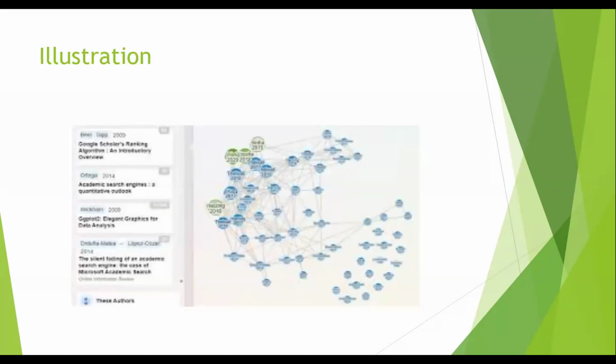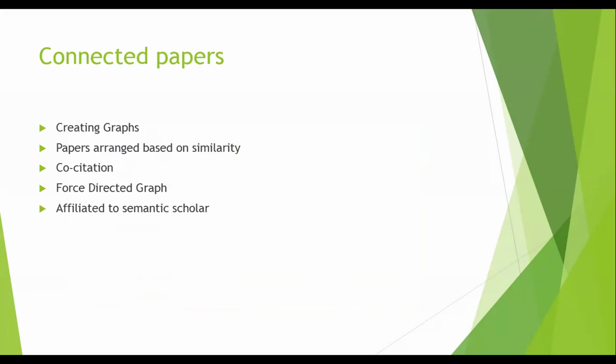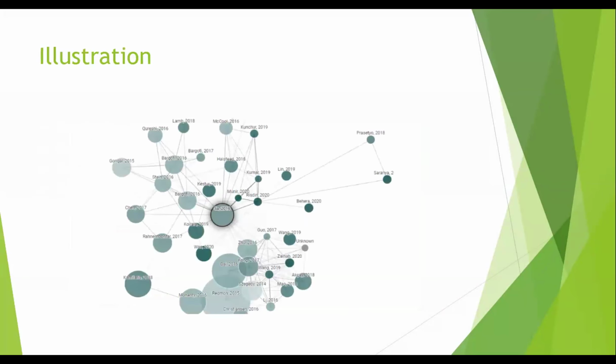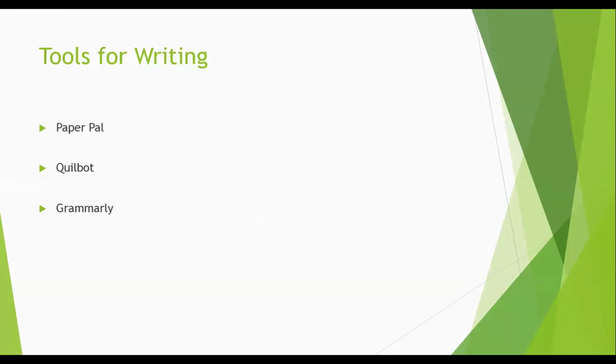So this is an output generated using Research Rabbit, and this is something generated using Connected Papers. You can see that the mechanism remains the same, but a few finer things can change. So these are the tools which you can use for developing knowledge maps.